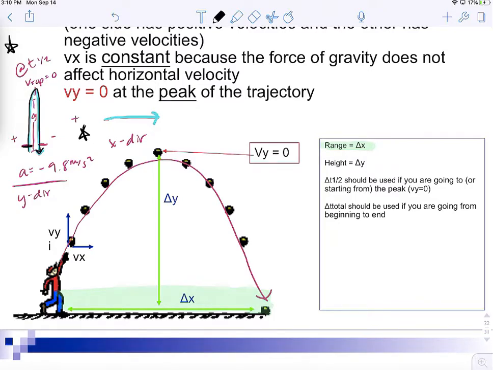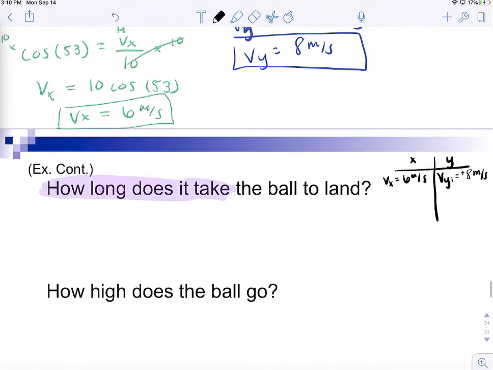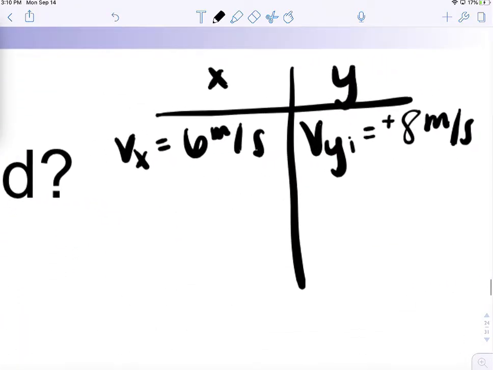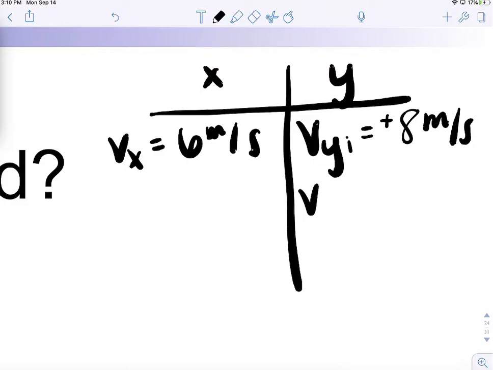If I know my very beginning velocity, at the exact same point on the other side, if I land at the same point, my velocity is the same, only negative. So my final y velocity will be negative 8 meters per second.